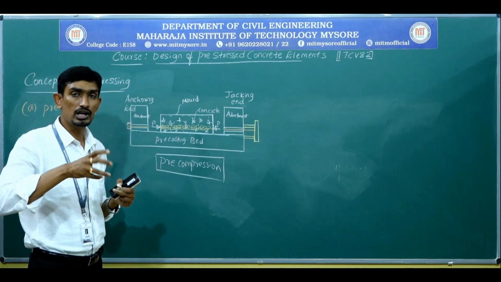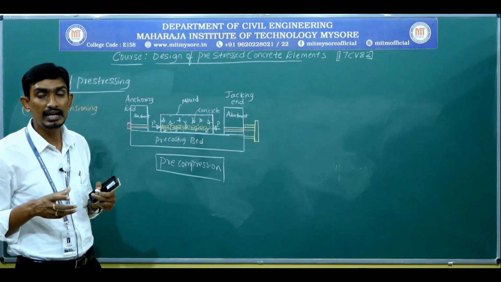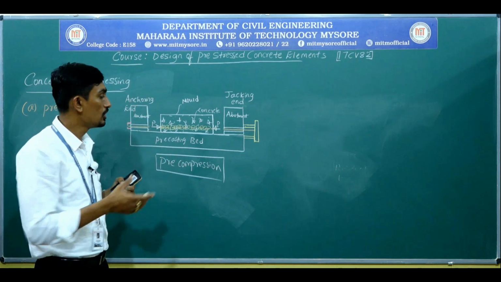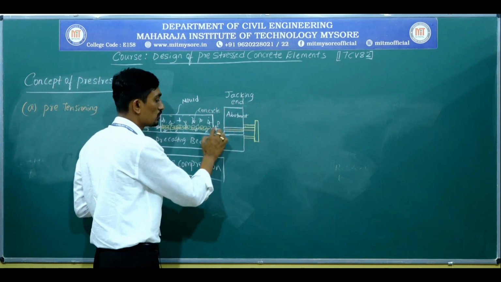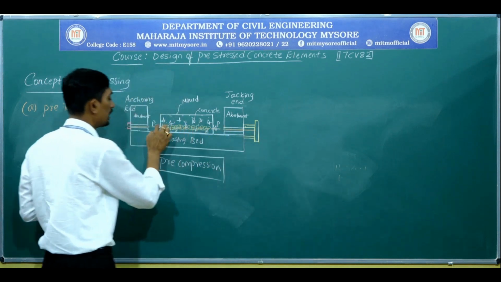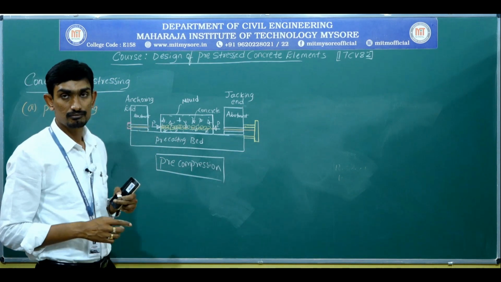That means, in order to apply a pre-tension inside the tendon, the jacking will be introduced. This is the jacking end. The tendon will be connected to the jacking, and at the left end it will be connected to the anchor.